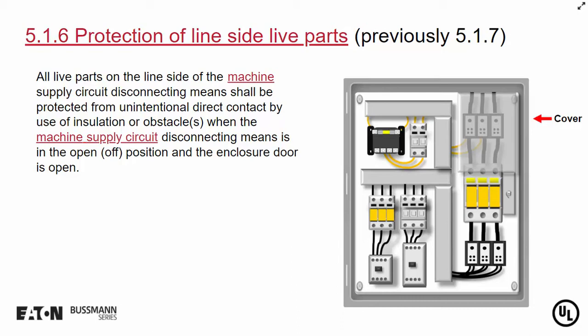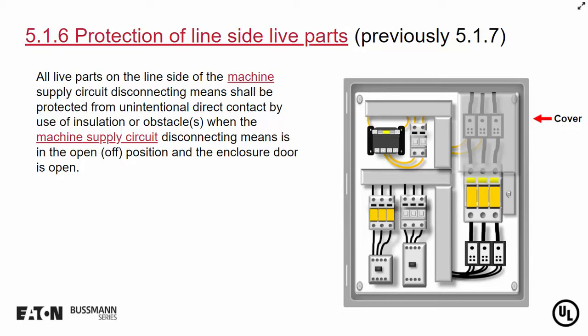That cover basically provides protection against electric shock, because as you know, when you open the disconnecting means, you've de-energized all electrical parts in that panel except for the line terminals of the disconnecting means, and so you need to protect someone from going into the panel, from making casual contact with those terminals.